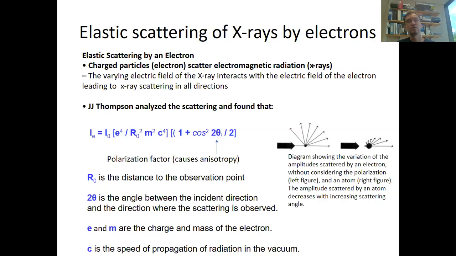Okay, so generally the X-ray scattering occurs because we have a varying electric field in the X-rays that interacts with the electric field associated with the electron. So that leads to X-ray scattering. J.J. Thomson analyzed the scattering and found the following formula shown here.